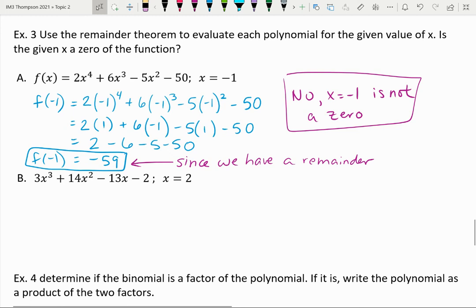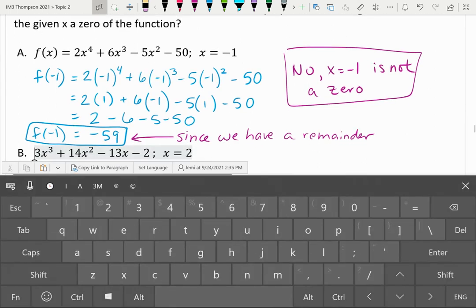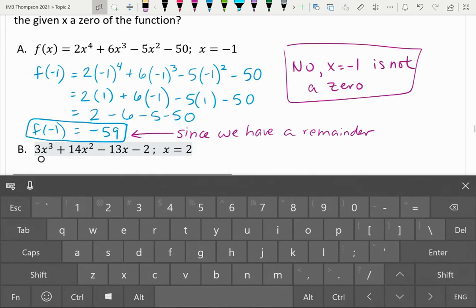3x cubed plus 14x squared minus 13x minus 2. I think I goofed when I typed this, because there's not an f of x there.